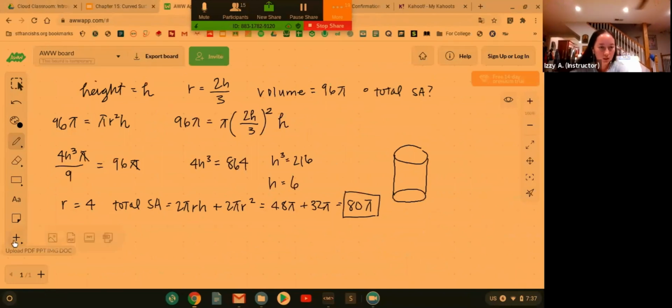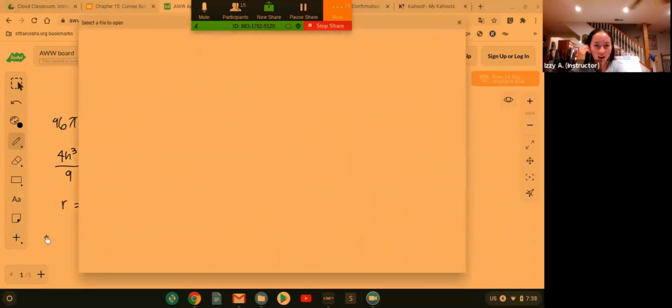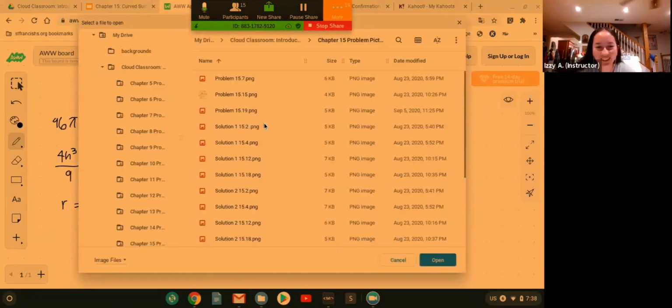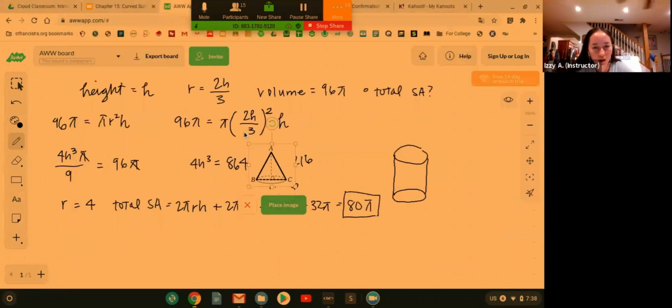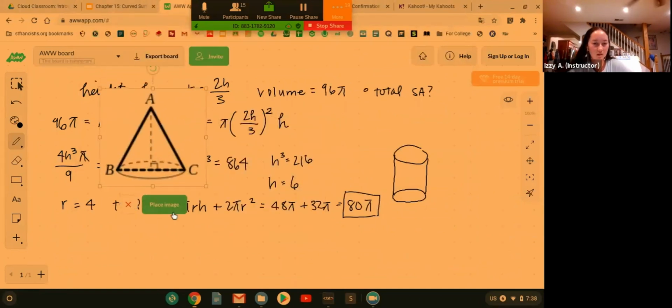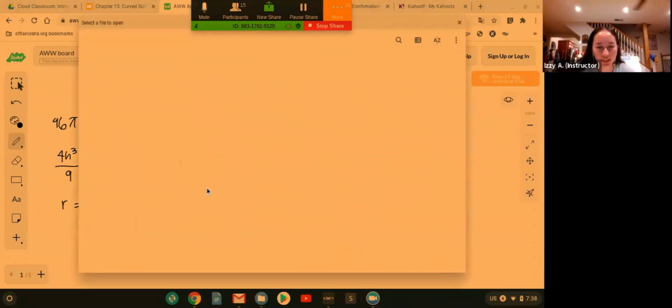Let's see, when I was learning all this stuff, I'm not doing well with words. So let's get this image out. Okay. Let's place this one, and then we have another image to place.